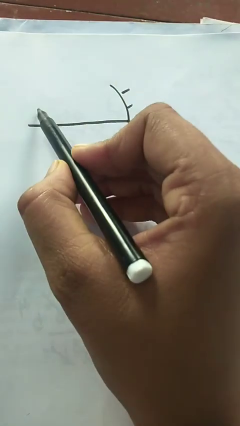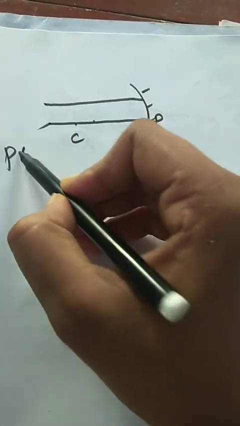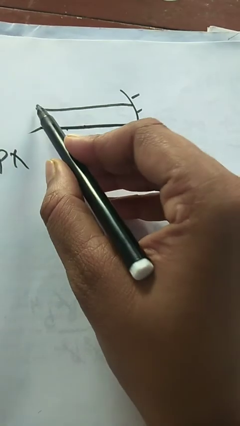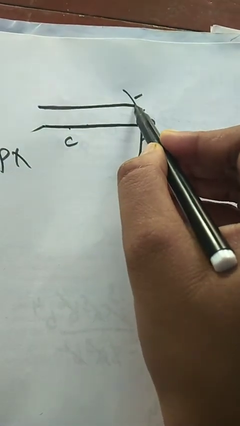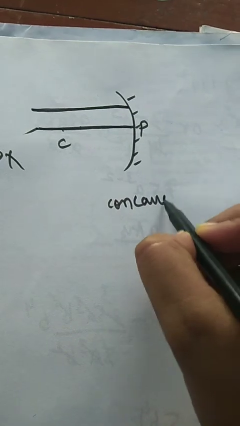This whole line is called the principal axis.